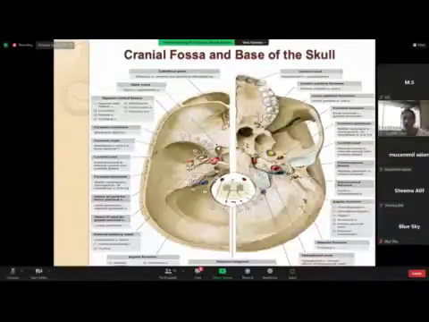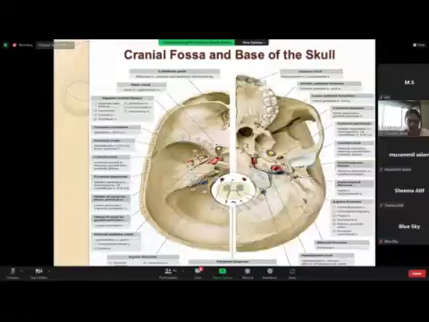Then we have the 7th cranial nerve, which passes through the internal auditory meatus, at the junction of the middle and posterior cranial fossae. The 8th cranial nerve, the vestibulocochlear, also passes with the facial nerve. Then the 9th, 10th, and 11th nerves pass through the jugular foramen. And the 12th cranial nerve passes through the hypoglossal canal.